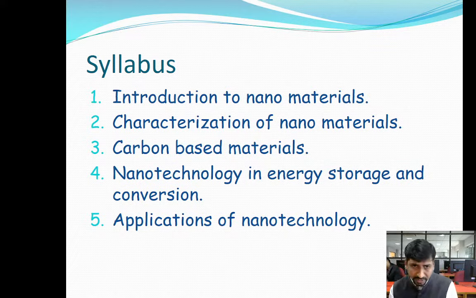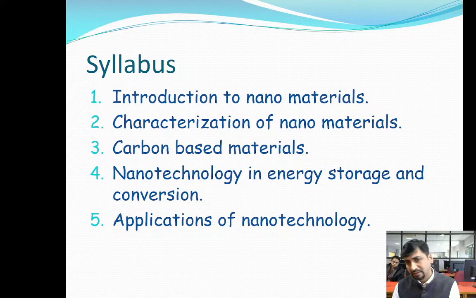In the fourth unit, we talk about nanotechnology in energy storage and conversion. Energy storage is basically batteries. We talk about lithium-ion batteries or sodium-ion batteries, and how hydrogen is stored, for example.